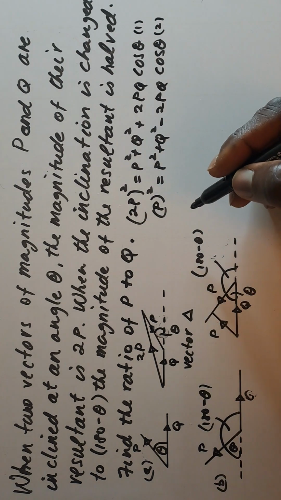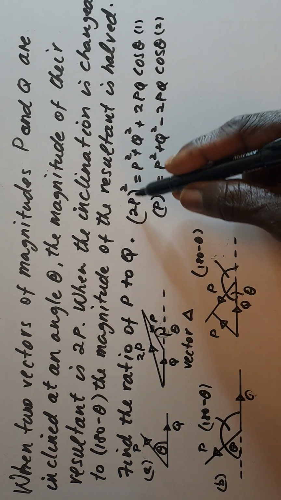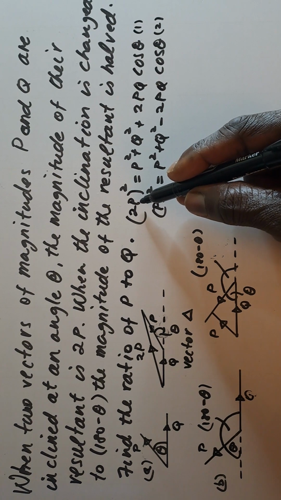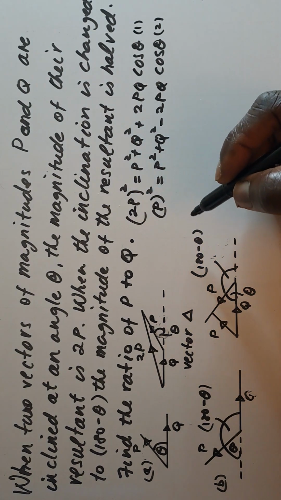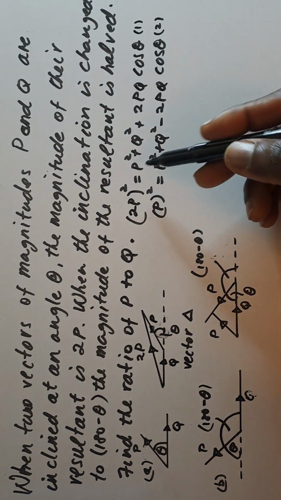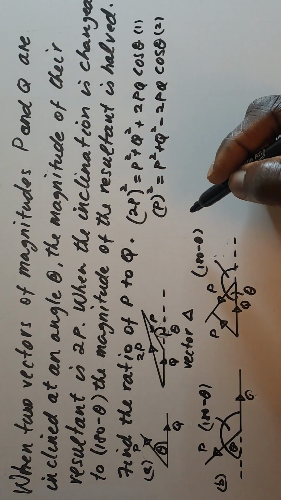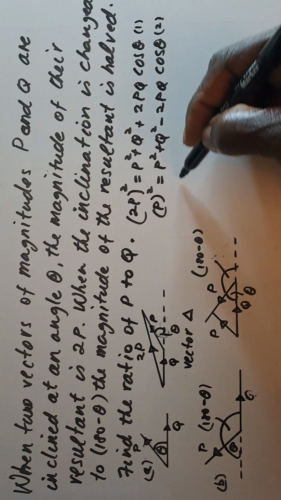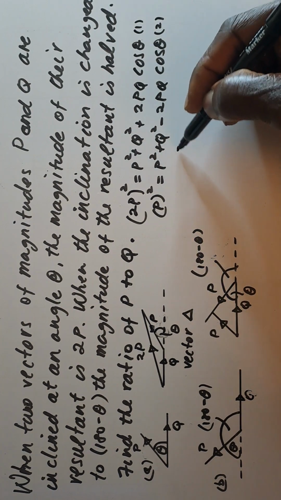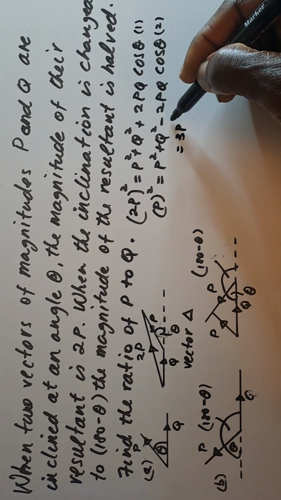Equation 1. If we square the left-hand side, we'll get 4p squared. So if we have 4p squared and we take away p squared, we'll have 3p squared left. So immediately we can write that we have 3p squared.